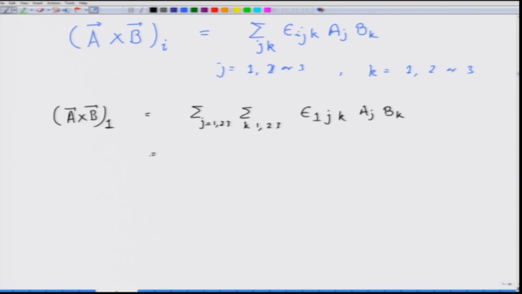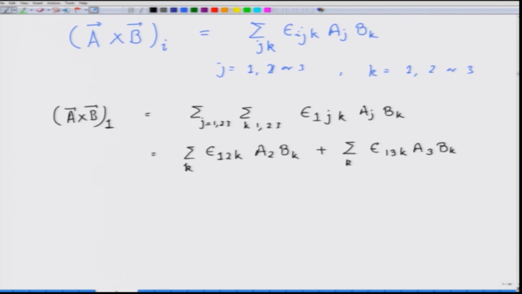Let us expand this. For j equals 1, epsilon 1 1 k is 0. So, j could be either 2 or 3 only. So, I am going to have epsilon 1 2 k summed over k, I have taken j equal to 2, a 2 b k, or j could be 3. So, summation j is 3 and k could be 1, 2 and 3, epsilon 1 3 k a 3 b k.